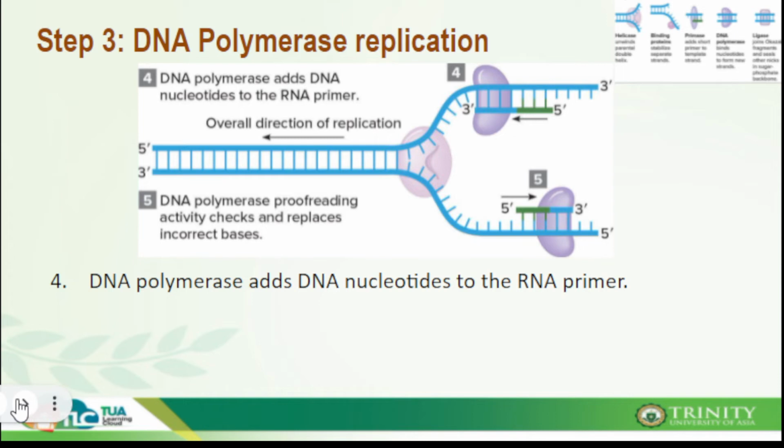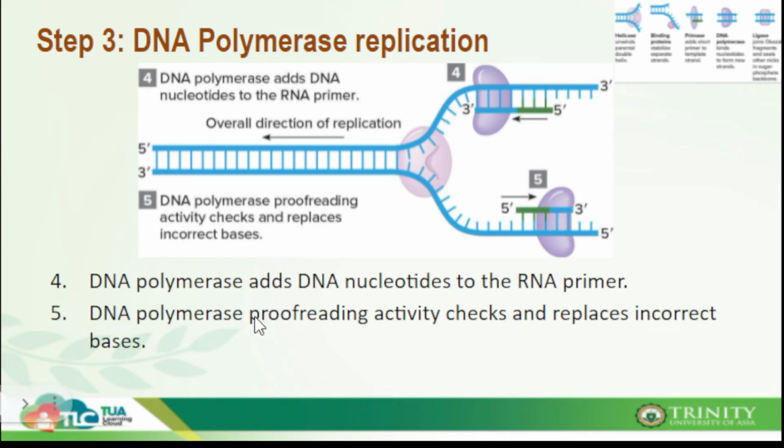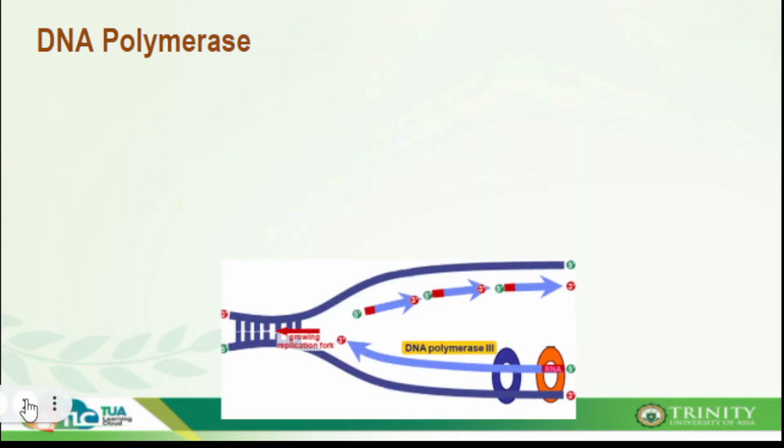Not only does the DNA polymerase elongate the strand, but it also performs proofreading activity in order to replace incorrect bases. Galing, no? So, hindi lang niya pinapahaba, pero it also functions for proofreading. Okay? So, how does it do it?